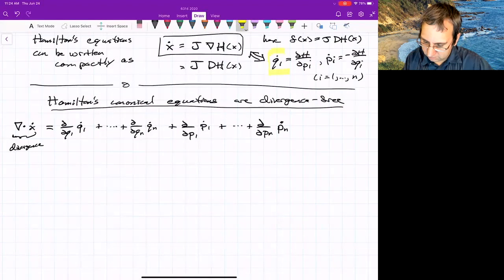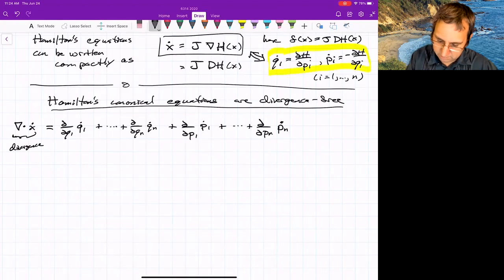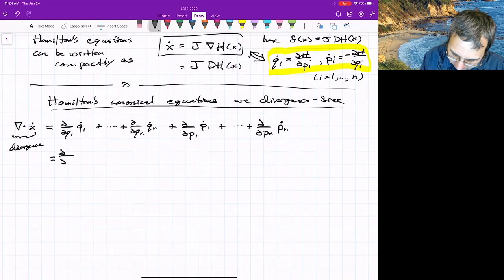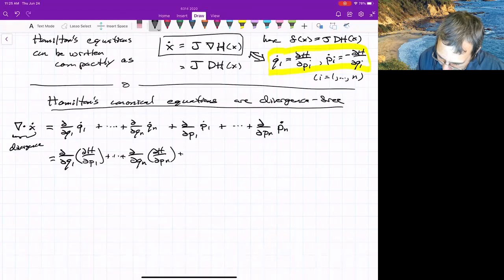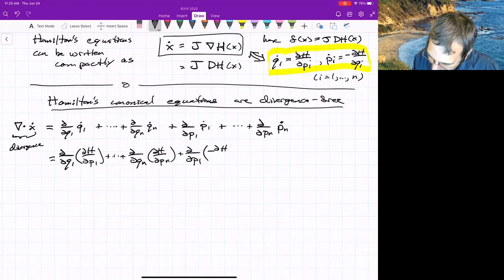And now if you substitute in Hamilton's equations, what will you get? This becomes partial Q1 of partial H, partial P1, plus all the way to partial Qn of partial H, partial Pn, plus partial P1 of negative partial H, partial Q1, and so on up to partial Pn of minus partial H, partial Qn. And maybe you see where this is going.